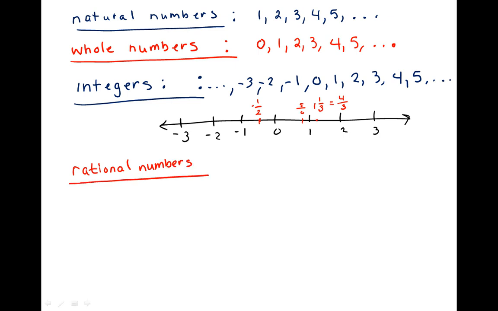Now, natural numbers, whole numbers, integers are all included within rational numbers, but then we're adding all these other numbers in between that can be written as fractions. So a rational number is any number that can be written or expressed as a fraction.